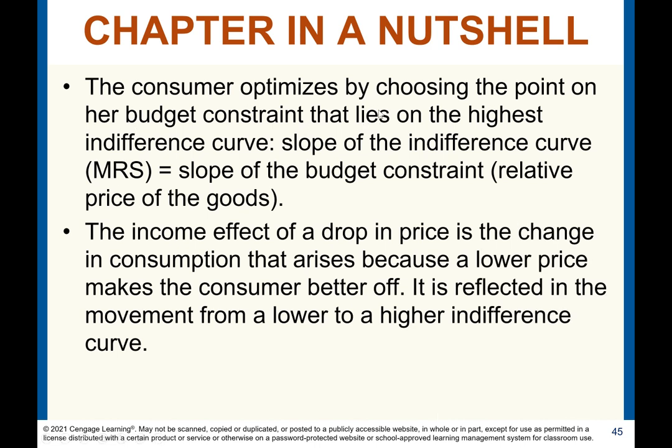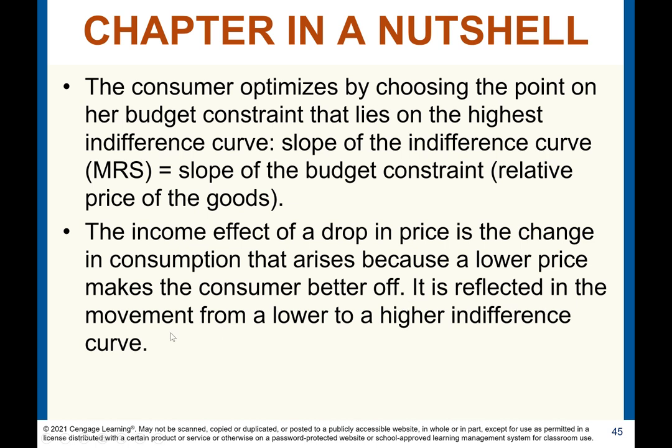The consumer optimizes by choosing the point on the budget constraint that lies on the highest indifference curve. The slope of the indifference curve, or the marginal rate of substitution, is equal to the slope of the budget constraint, or the relative price of the goods. The income effect of a drop in price is the change in consumption that arises because a lower price makes the consumer better off.